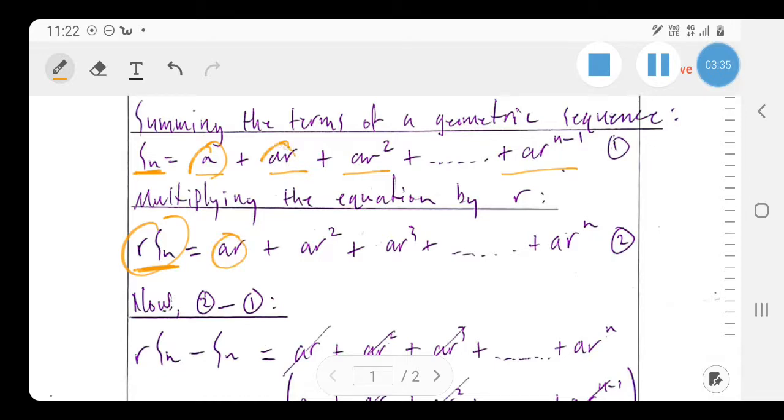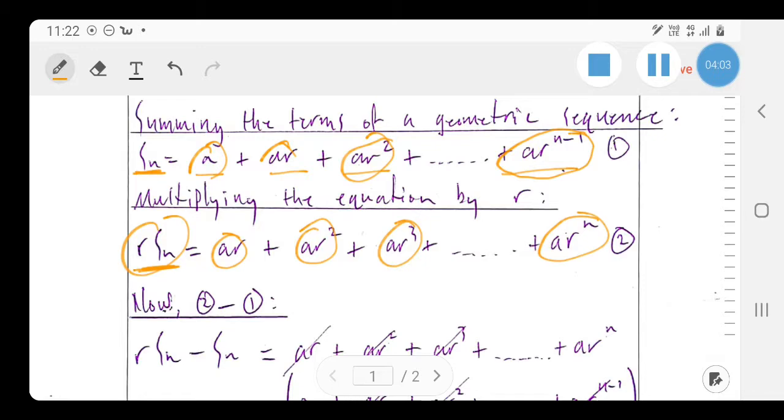So this A here becomes AR. This AR becomes AR squared. This AR squared becomes AR cubed, and all the way up to the final term, AR to the n minus 1. If you multiply that by R and use your index laws, R to the n minus 1 times R to the power of 1, the 1 and the minus 1 cancel out and you get R to the n.